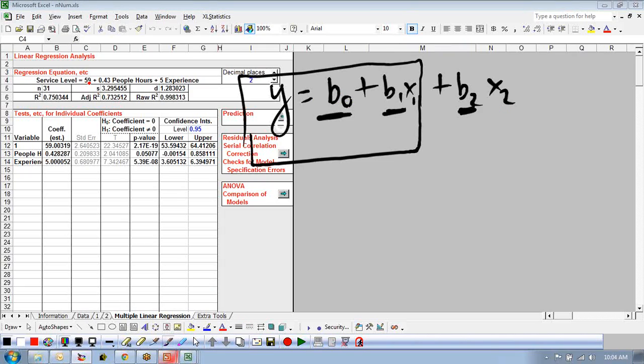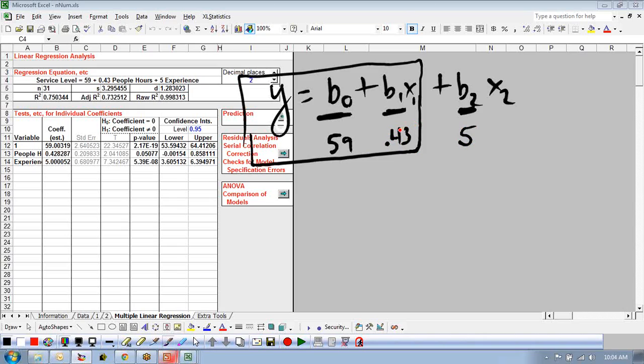It says our B0, see this right here, that's 59. And it says our B1 is 0.43, and it says our B2 is 5.